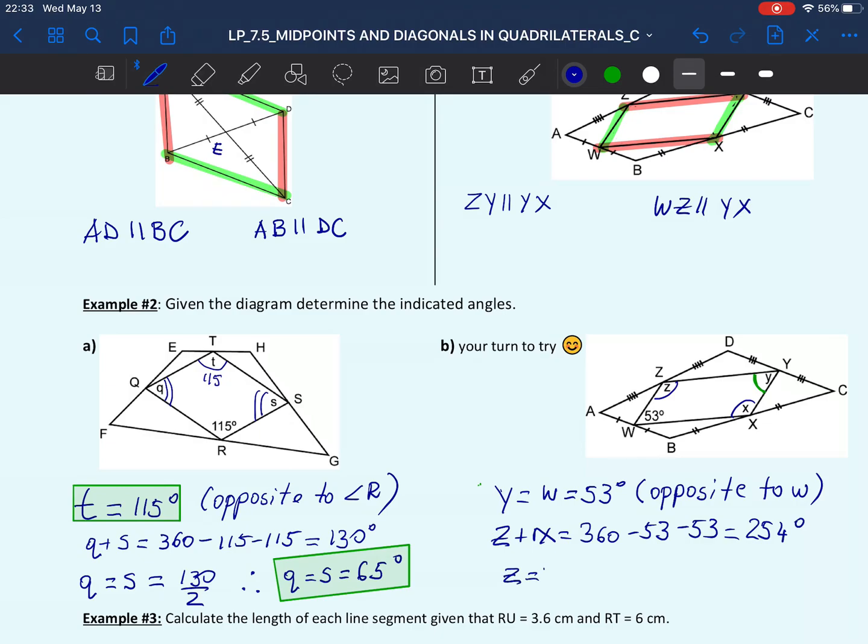So we're going to say that Z equals X equals 254 divided by 2. So Z and X each equal 127 degrees.